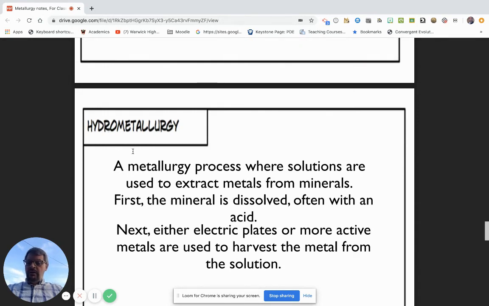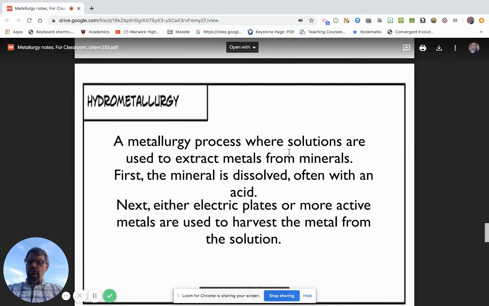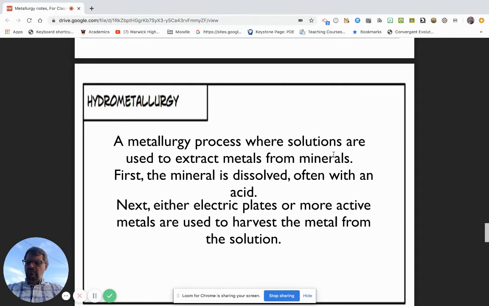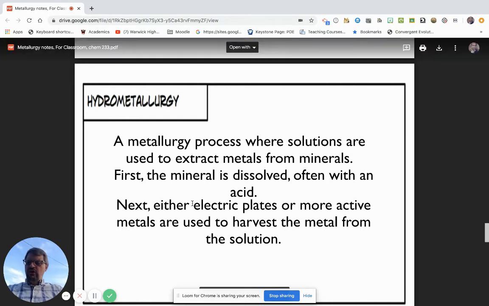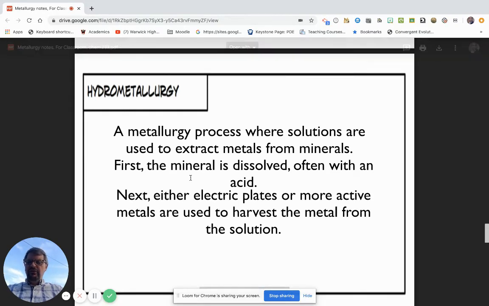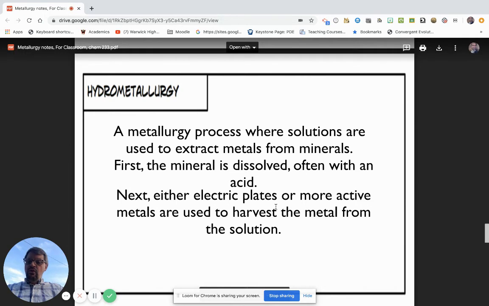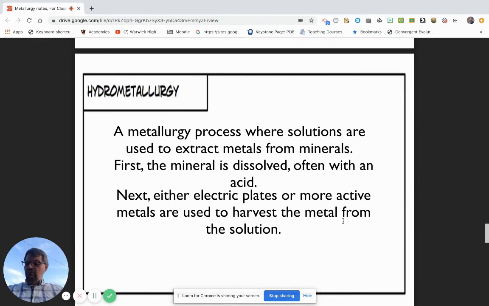Hydrometallurgy, we're using water-based solutions to get the metal from the mineral. So the way this works is that typically the mineral is dissolved, usually in an acid, and then either electricity or more active metals are used to get the desired metal from the solution.